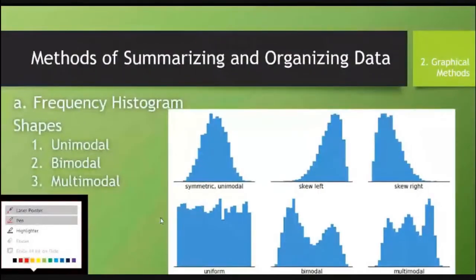So again, if we divide this histogram here, they would be almost symmetric. Now skewed histograms are unsymmetric histograms. It might be skewed to the left or skewed to the right.